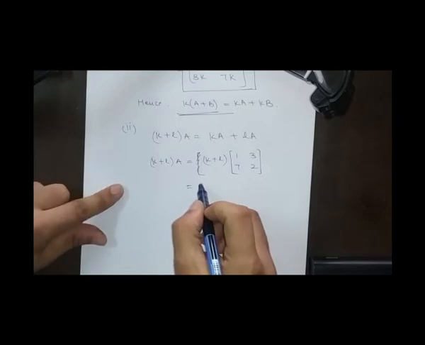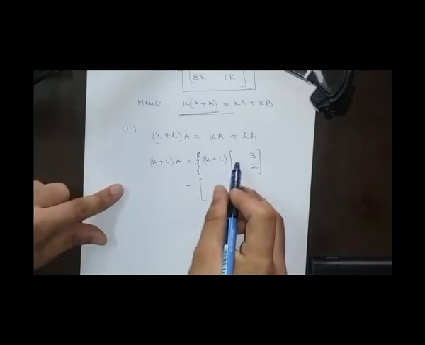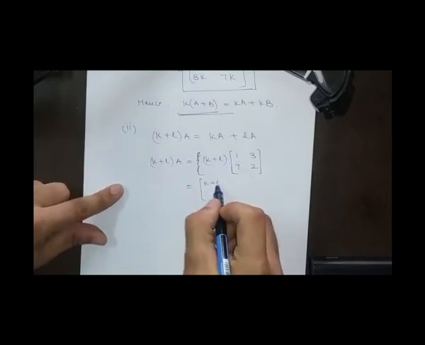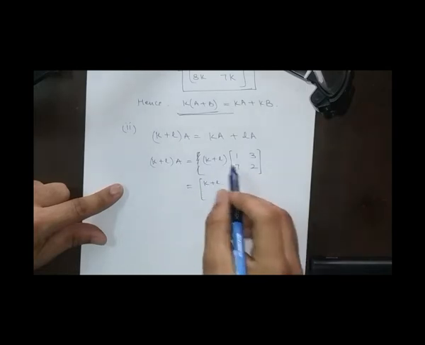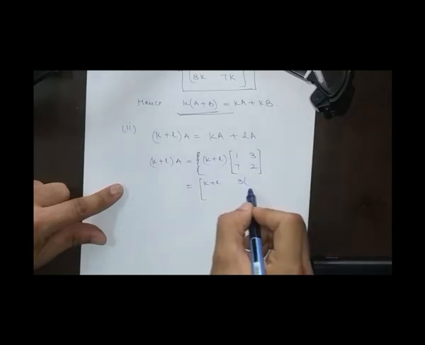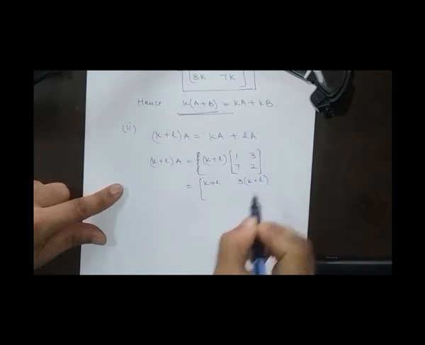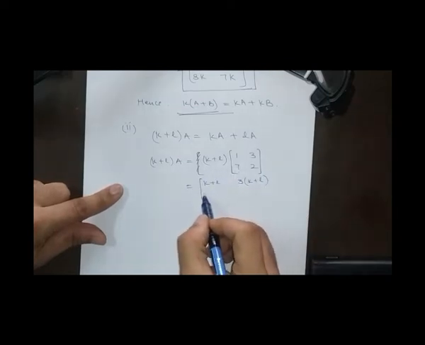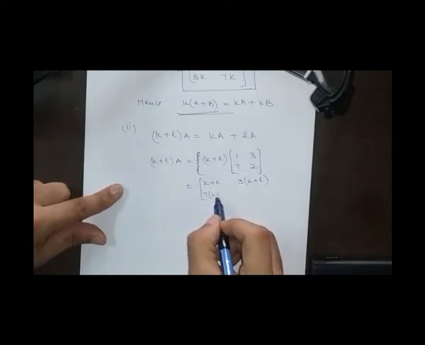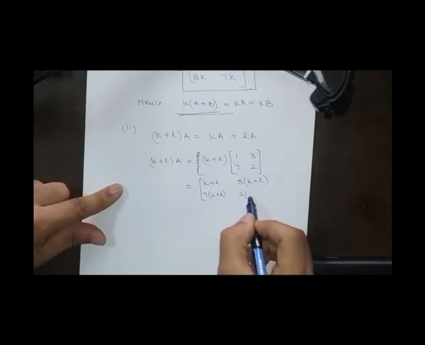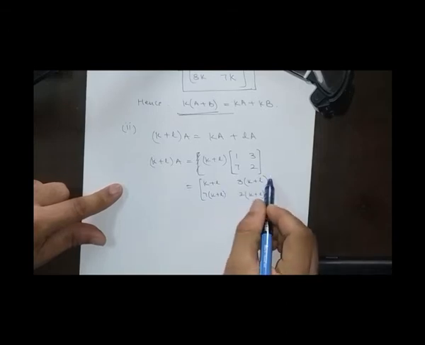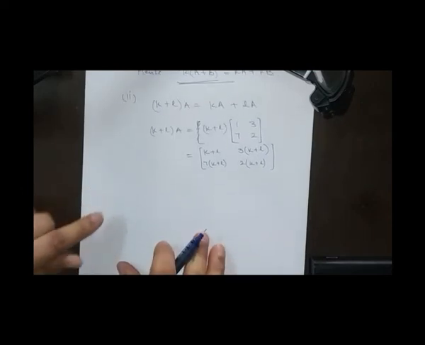This is further equal to (k plus l) into 1, 3 into (k plus l) is 3(k plus l), 7 into (k plus l), 2 into (k plus l), bracket close.